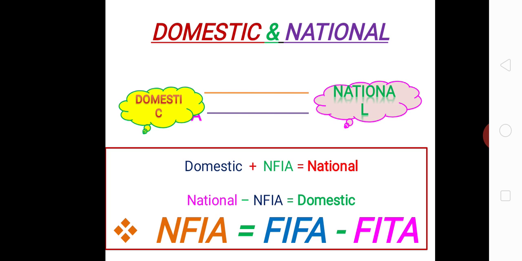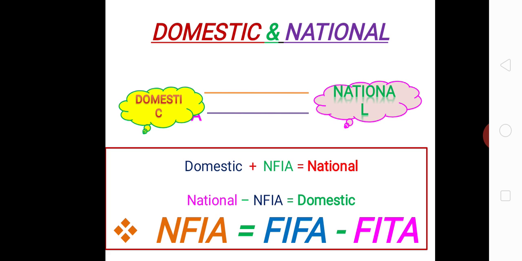So GDP plus NFI is GNP, and NDP, net domestic product, plus NFI is NNP, net national product. Similarly, GNP, gross national product, minus NFI is GDP, gross domestic product.